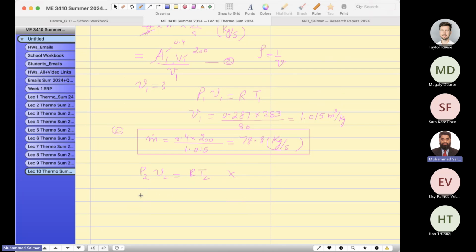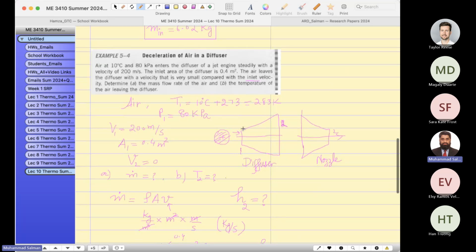But first law of thermodynamics: the rate of energy going in minus the rate of energy coming out equals the time derivative of energy of our system. And this is a steady flow.